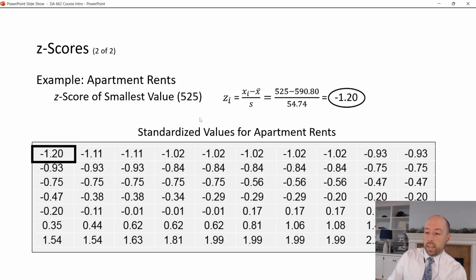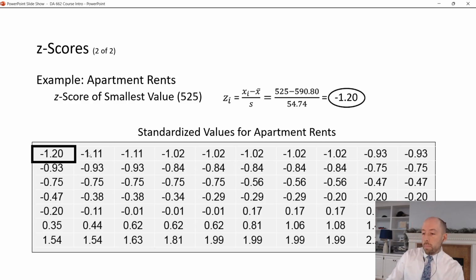So if I take the smallest number that was in that set, which happened to be 525, and I subtract the average from that set, which happened to be 590.8, and I divide by 54.74, which was the standard deviation in that set, my 525 gets remapped to a new set of units, which are no units except statistical distance. It becomes negative 1.2. And it says this apartment is actually 1.2 standard deviations below average in terms of its rent. That means it's cheap.